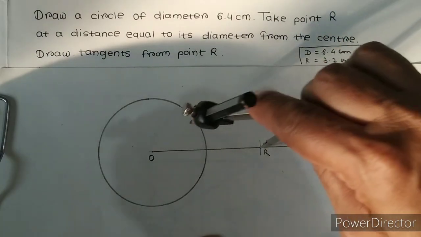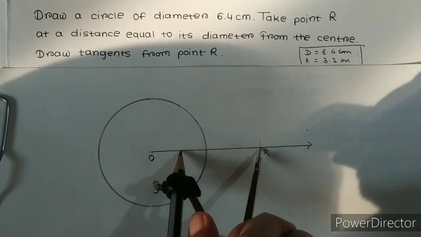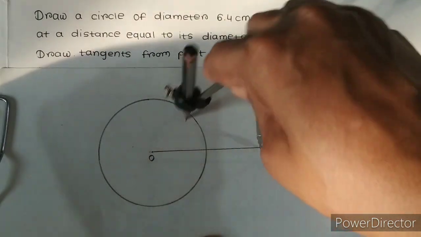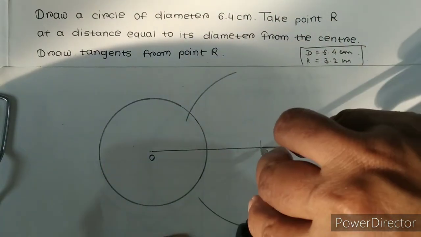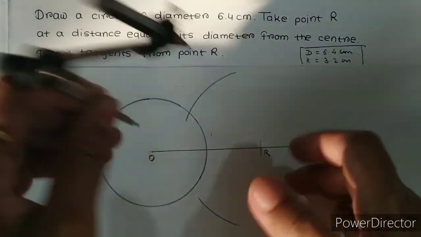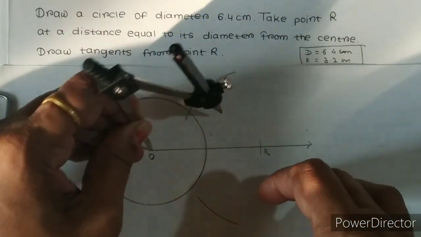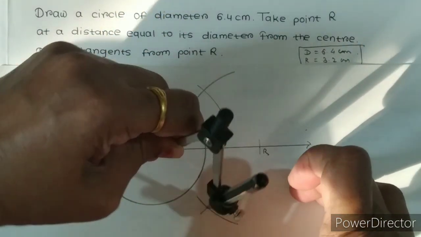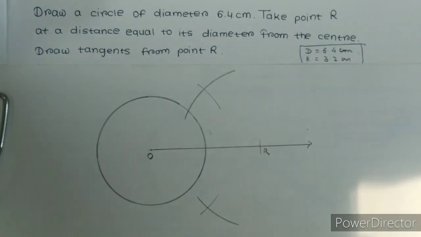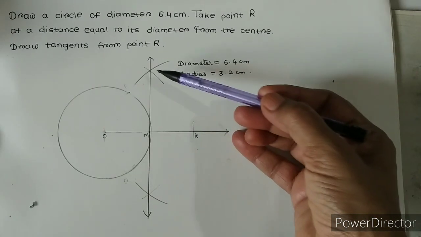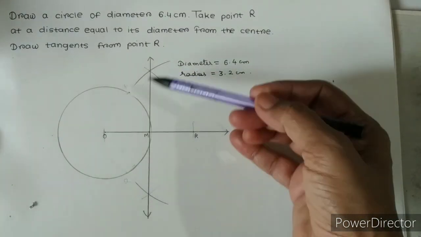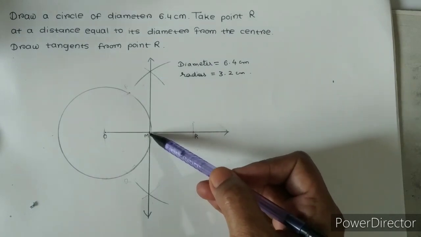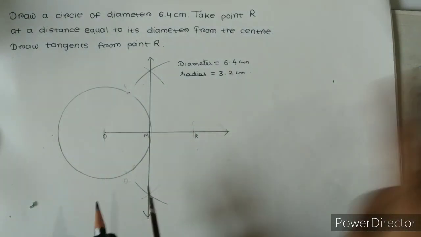Take more than half distance between the tips of the compass, draw arcs above and below OR. By keeping the same distance, place the steel tip at point R and draw arcs above and below segment OR. Draw a line passing through these points of intersection, and now we get the midpoint of OR.